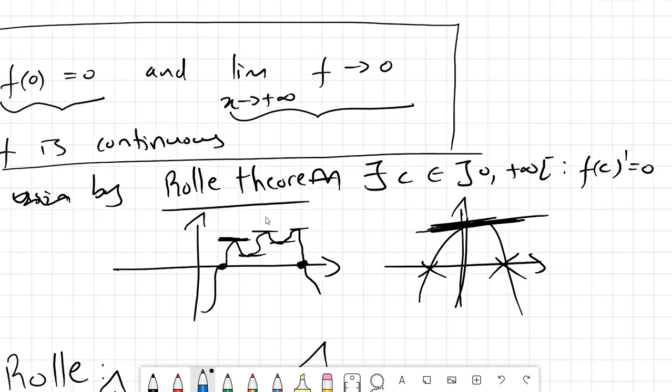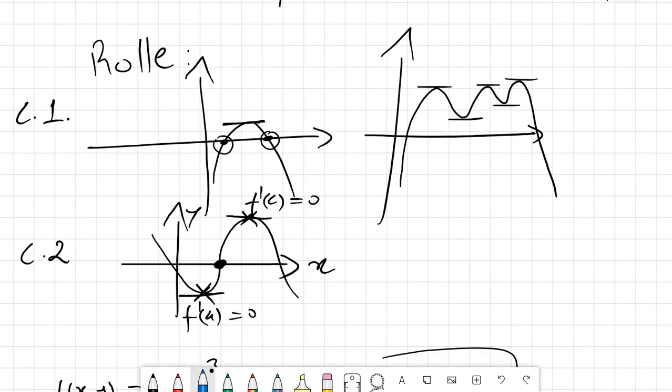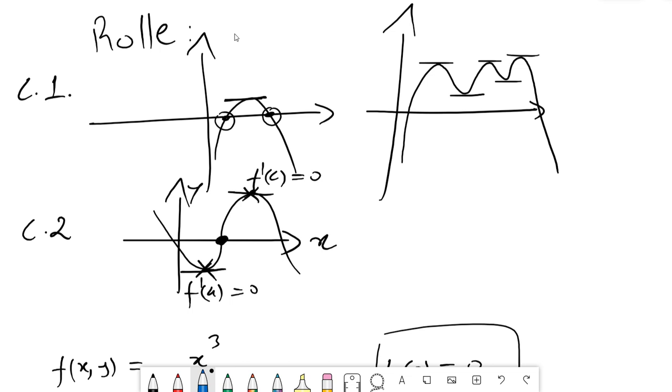With these corollaries, between two zeros of the function, there will be at least 1 zero of the derivative. There can be more. And between two zeros of the derivative, there will be at least 1 zero of the function.